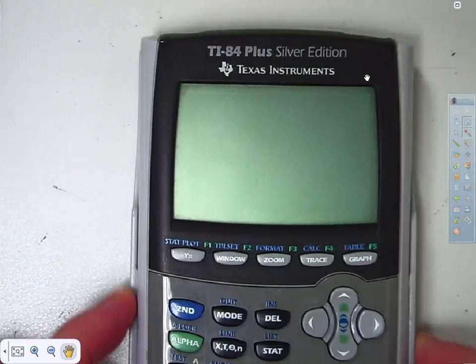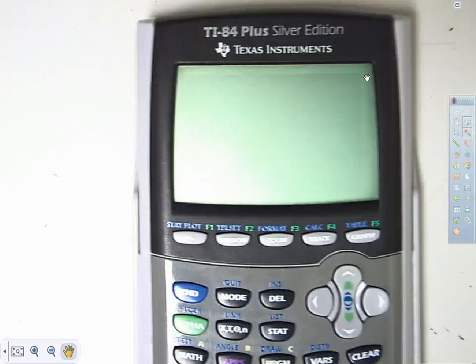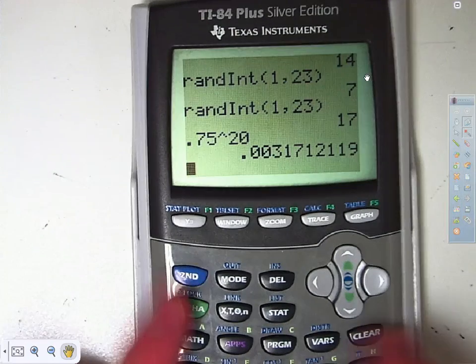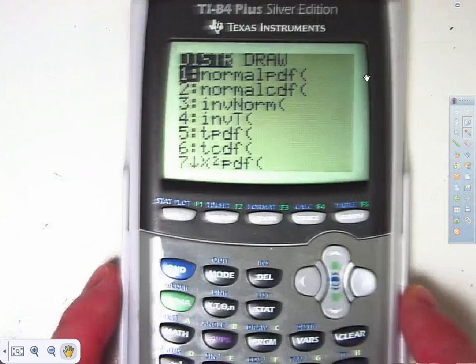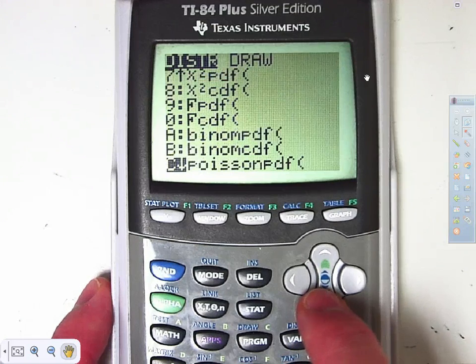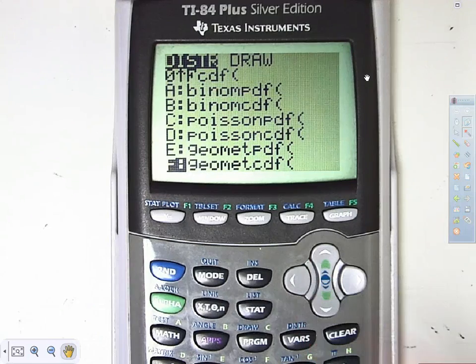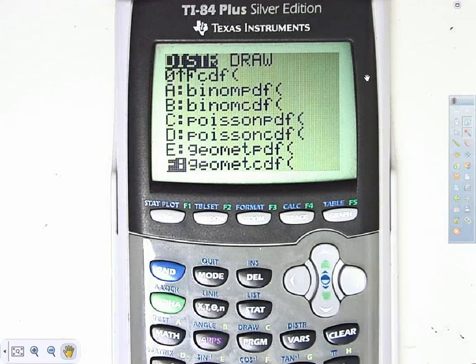So is geometric. If you go to second vars, where your distribution menu is, there's your normal stuff, there's your binomial stuff, and here's your geometric stuff. And again, you see the 2 options, PDF and CDF, and those 2 work exactly the same way as in binom PDF and binom CDF.